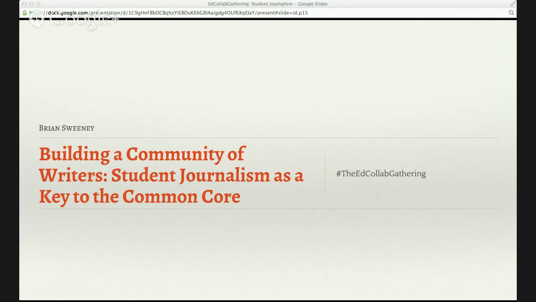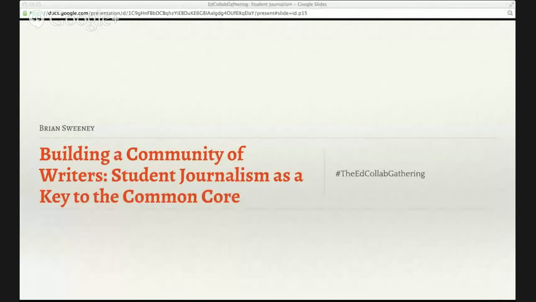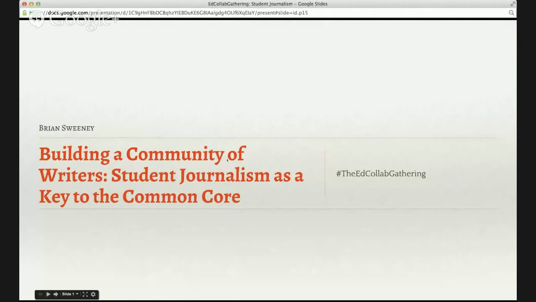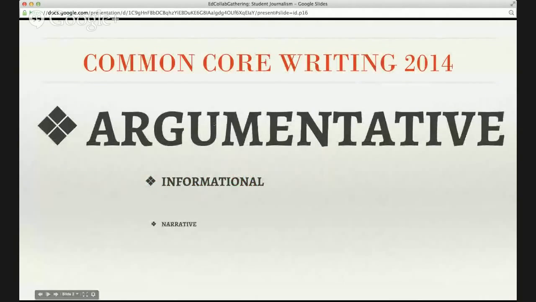So here we go. My general idea is that when we think of the Common Core and writing in the classroom in general, it's too broken up. I know the Common Core really has a bad rap these days, and there are various reasons why that is, and some I agree with and some I disagree with. But in terms of writing, I've never really had too much of a problem with it.